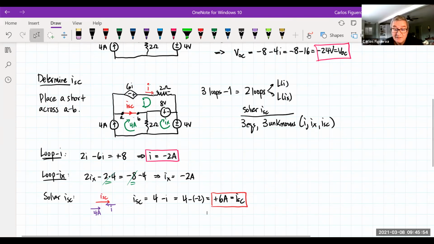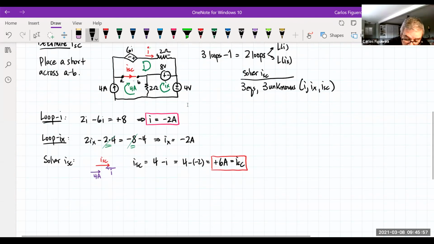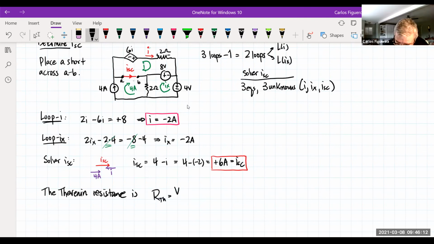So when I look at this thing here, that means I now have my Thevenin resistance, RTH. So I get VOC over I short circuit. So I'm going to get minus 24 volts over plus 6 amps. I get minus 4 ohms for the Thevenin resistance.